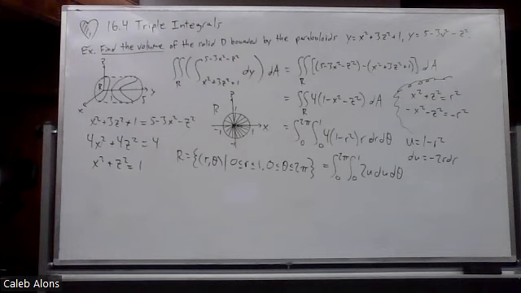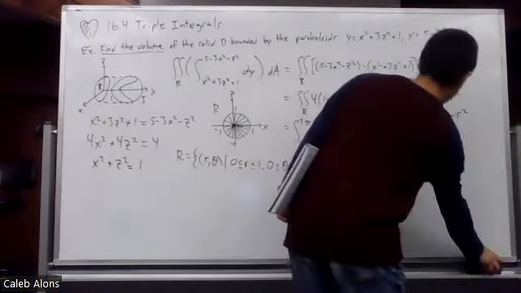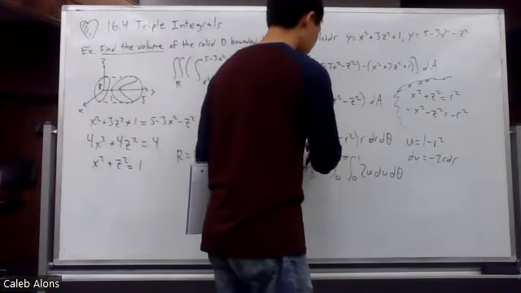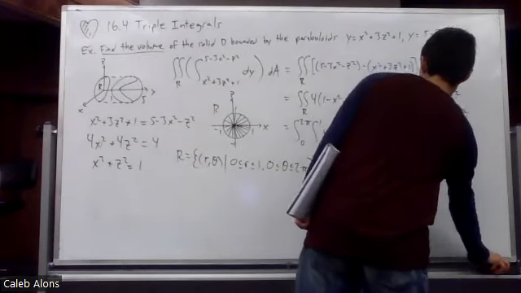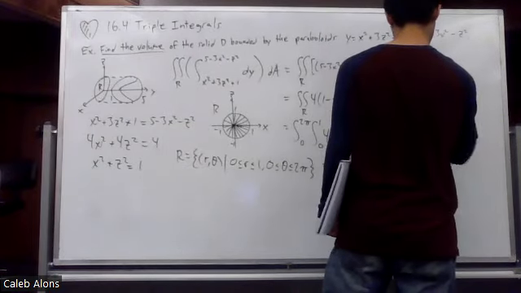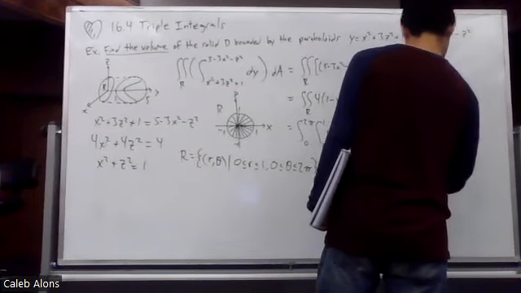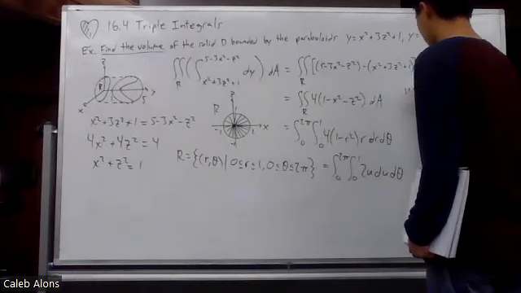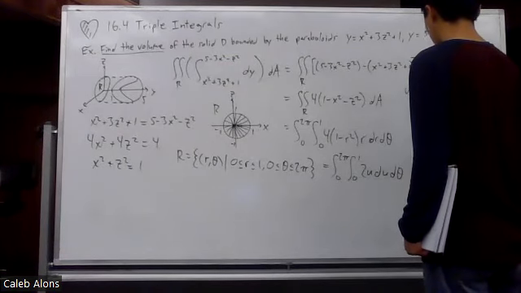Oh, I'm realizing what's confusing now. Okay, here, let me erase. Actually, no, I can just keep this. Okay, so what's happening is, we need the definition of U, I just realized that, so U equals 1 minus R squared.